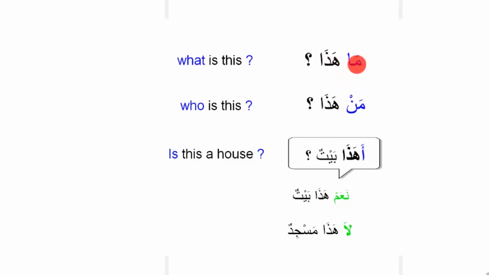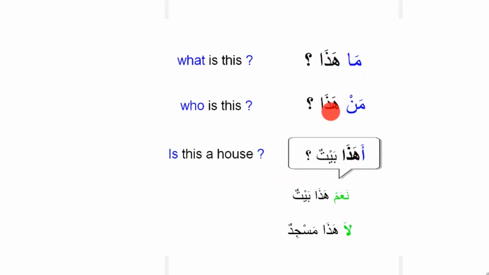The first one is Maw-izah. We have just seen haza. Right now we are looking at asking questions with haza. An example is what we can see here: Maw-izah, man haza, and then ahaza. So we are learning these three things here.